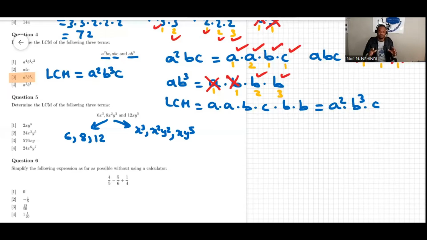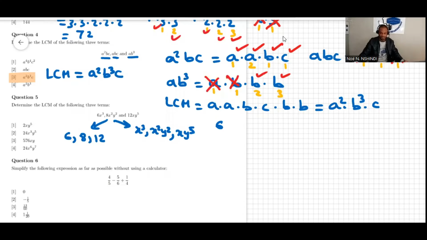We can separate them: put the numbers together and find their LCM, and find the LCM of the variables as well. Now I'm going to write here LCM of 6, 8, 12.